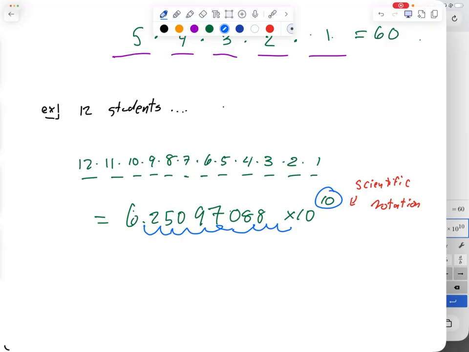So my real number is 625097088, and it really takes 2 more zeros, because it needed to move 2 more times. I'll put 2 imaginary zeros right there. This is technically rounded, but this is how I would rewrite that number.